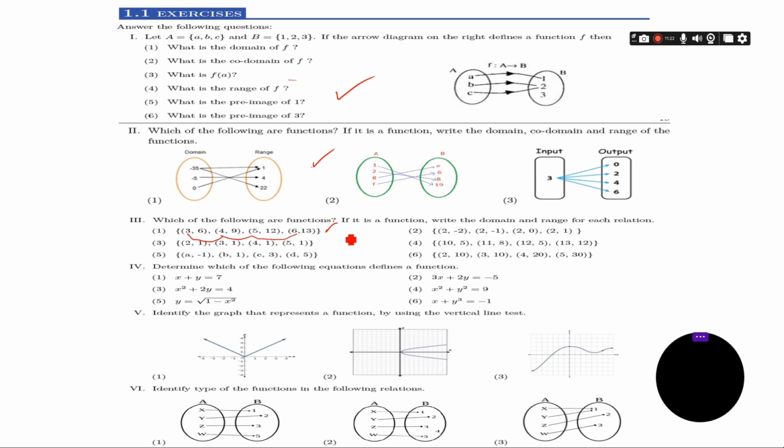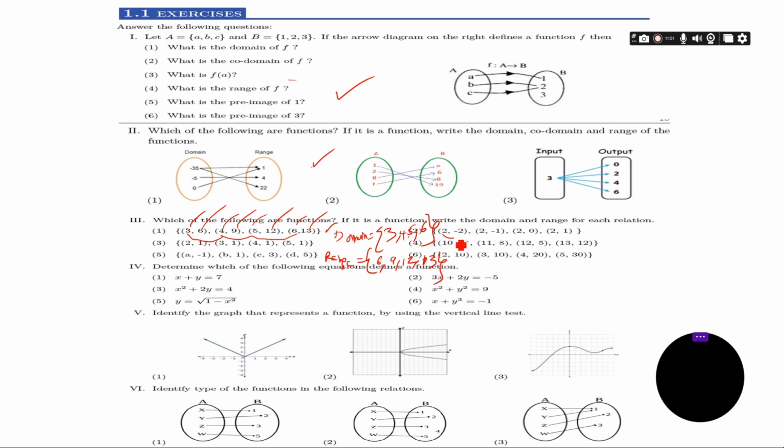So it is a function. The domain we can write as the first values, 3, 4, 5, 6. The range is the second values, 6, 9, 12, 13.